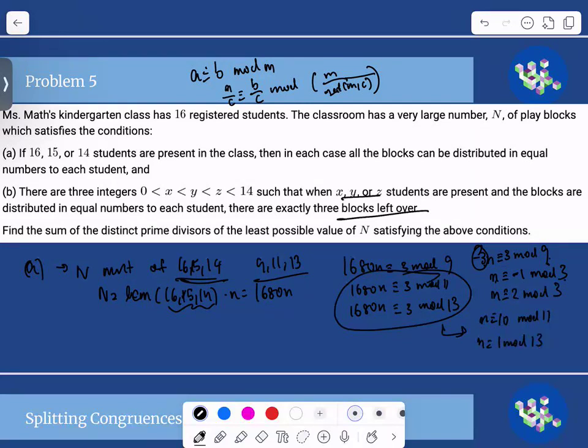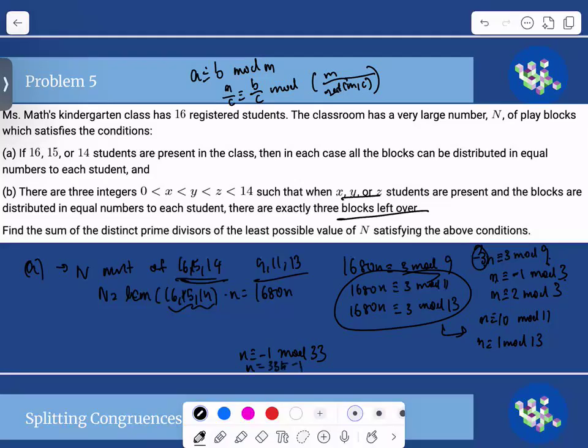From there, it's easy to deduce that n is 1 less than a multiple of 3 times 11, or 33. So n can be written as negative 1 mod 33, and thus n can be parametrized as 33k minus 1.